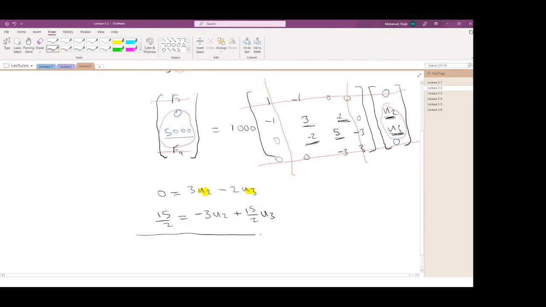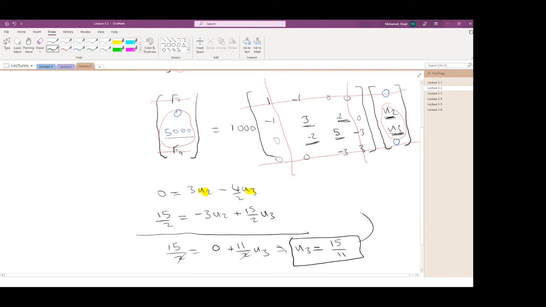By adding these two equations, this is going to cancel with this one. So I will have here 15 over 2 is equal to, in order to be able to add 2 to 15 over 2, I will make it 4 over 2. So I will have 0 here, and then 4 negative, 15 positive, I will have plus 11 over 2 u3. The 2 is going to cancel with the 2, and this will give me u3 is equal to 15 over 11.